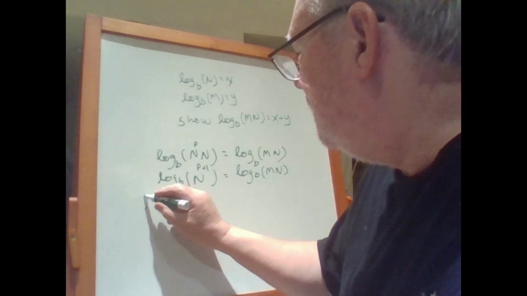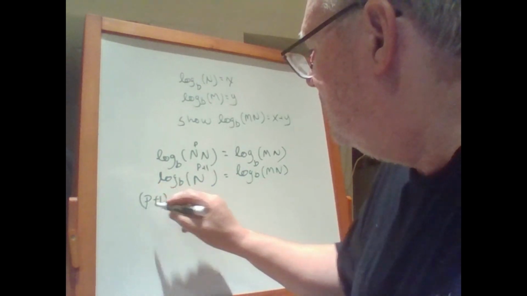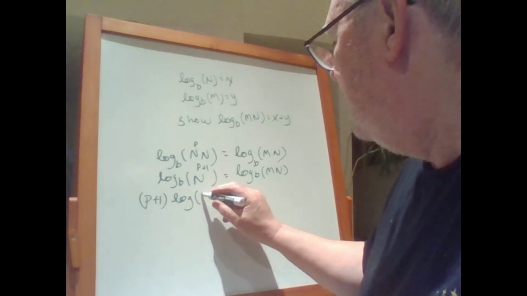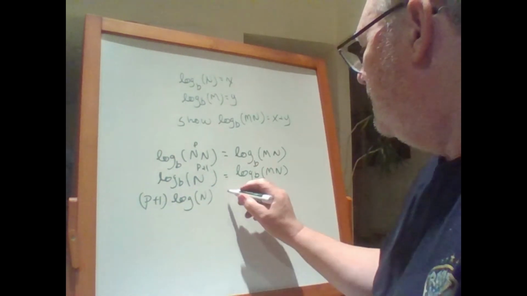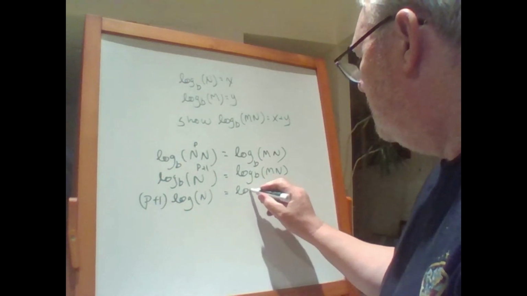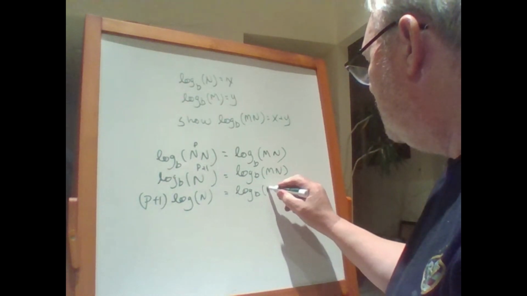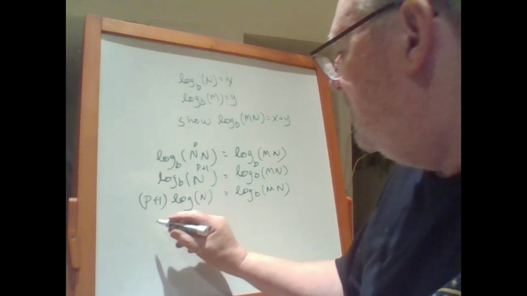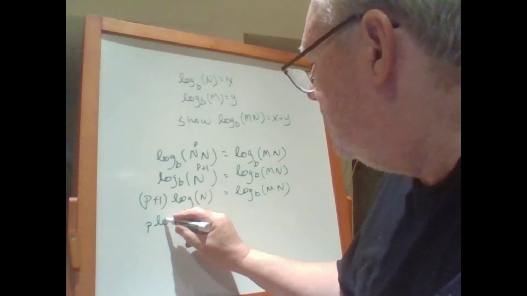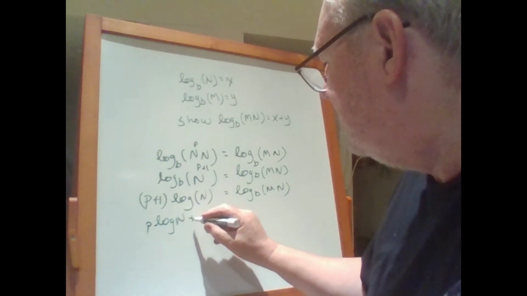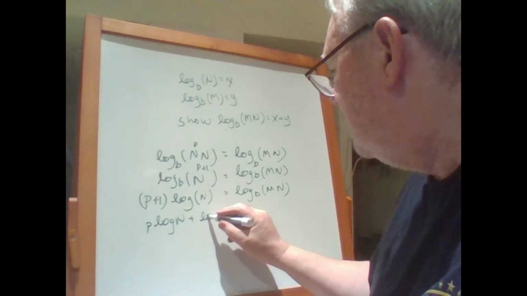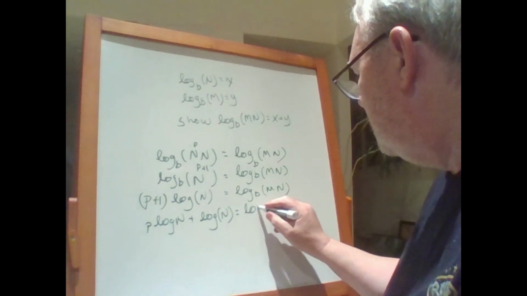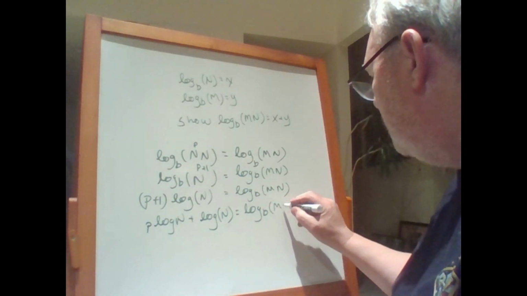So this is p plus 1 times log n equals log b of m times n. And this is p log n plus log n equals log b of m n.